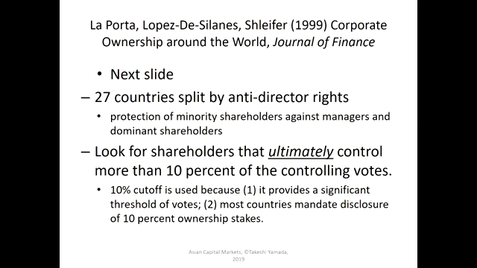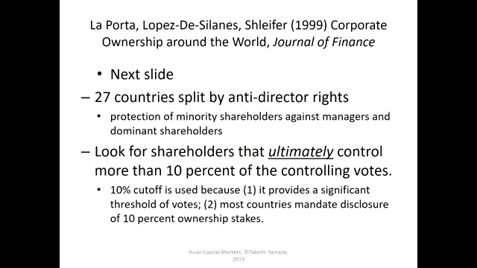Okay, so then they look at the company shareholders that control more than 10%. They use 10% because, while the cutoff is fairly small, it provides a significant threshold of votes. And in most countries, if it's over 10%, you have to disclose it, right? There's a mandatory disclosure, so it's easy to find out.